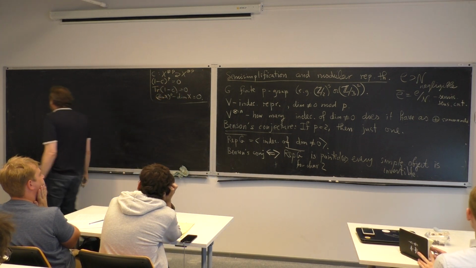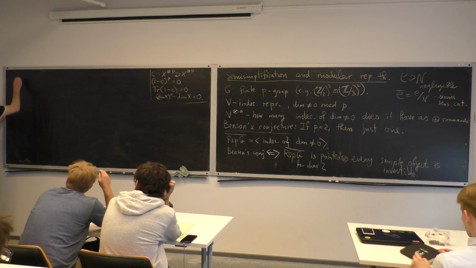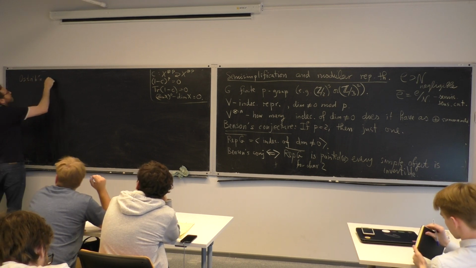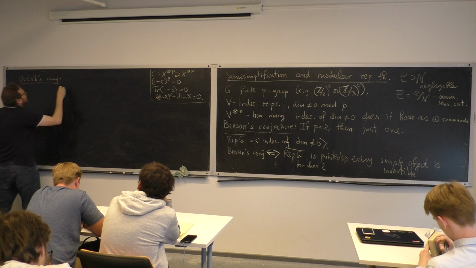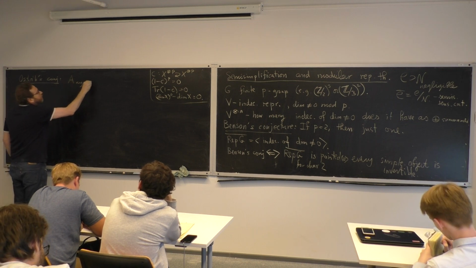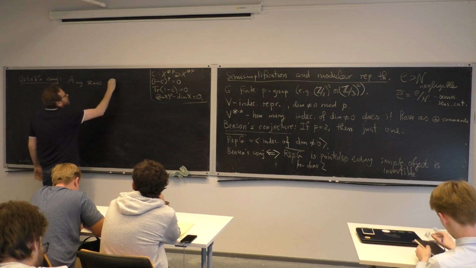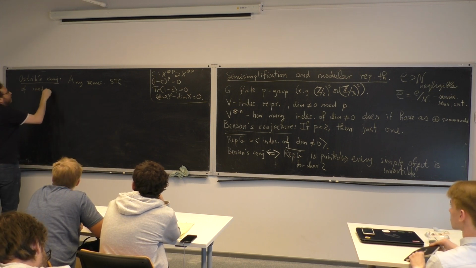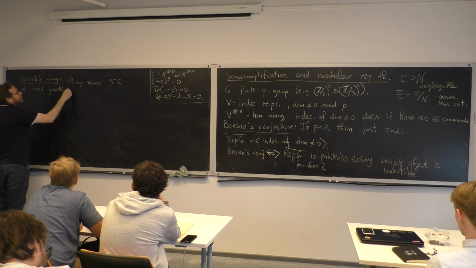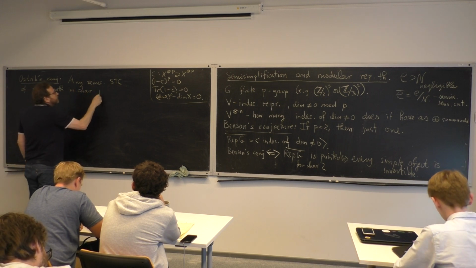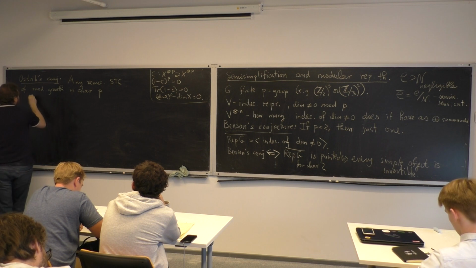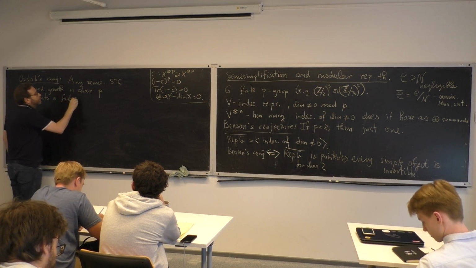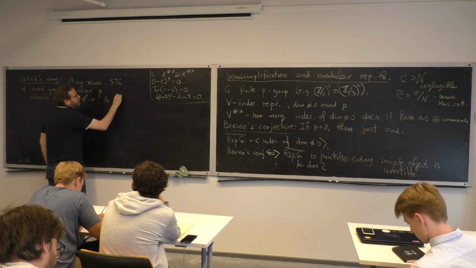So let's see how close we get to the proof if we use this theorem. Let me remind you of Ostrik's conjecture. Any semisimple symmetric tensor category of moderate growth in characteristic p admits a fiber functor to Ver_p.